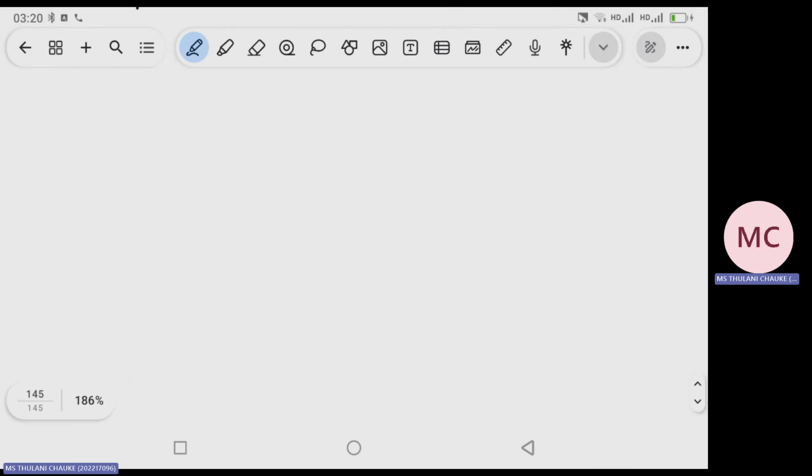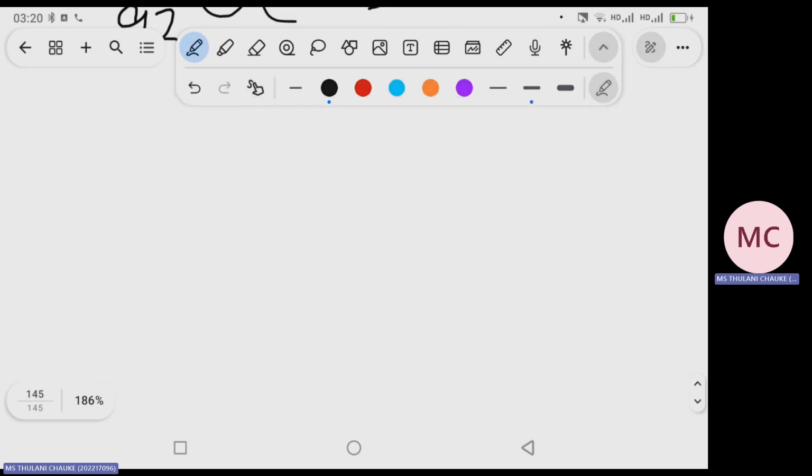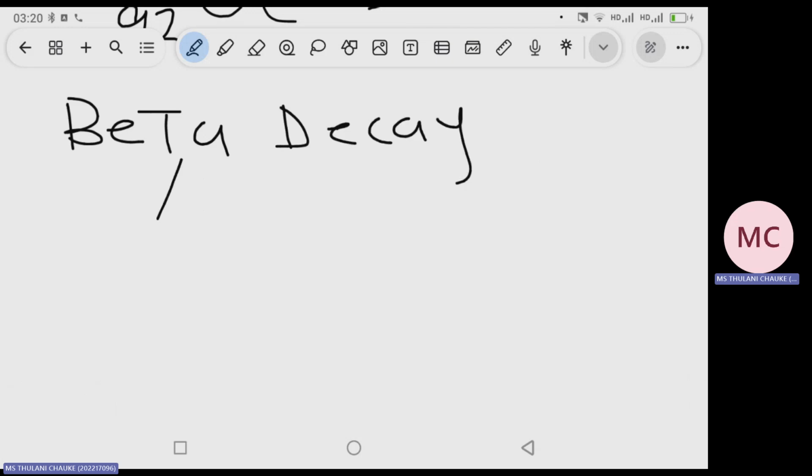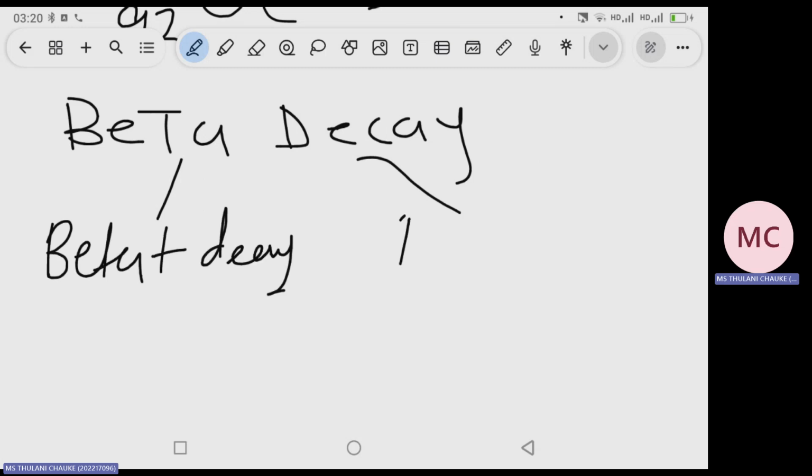So let's go to the second type of decay, which is the one that people don't understand: beta decay. This one is divided into two parts. I've got beta plus decay, and also beta minus decay.